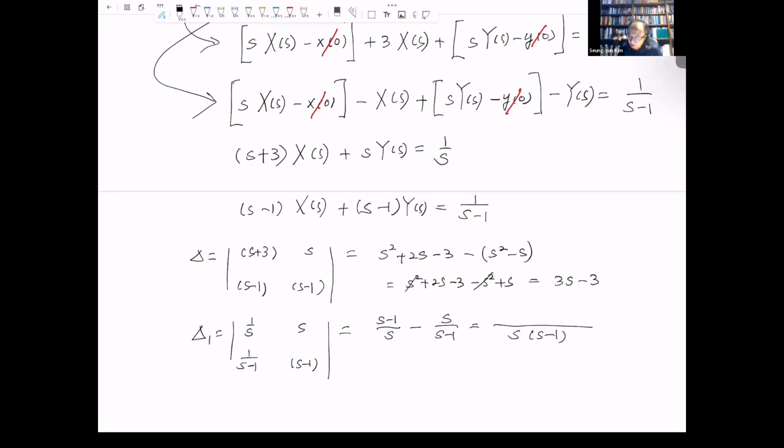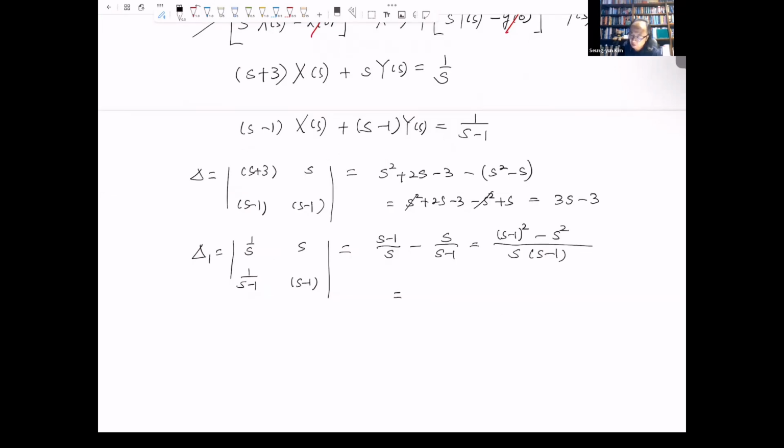Need to multiply (s minus 1) squared minus s squared, so the numerator is s squared minus 2s plus 1 minus s squared, denominator s minus 1. That equals, s squared cancels, negative 2s plus 1 over s minus 1.